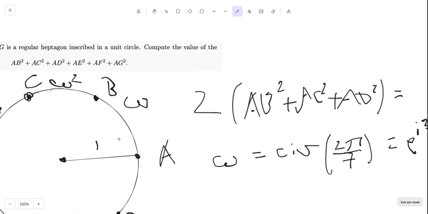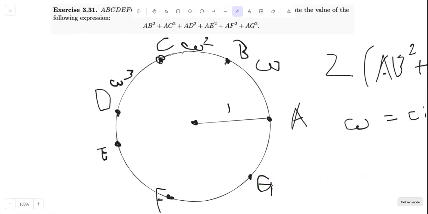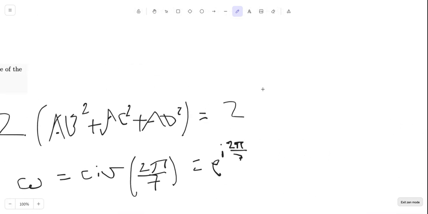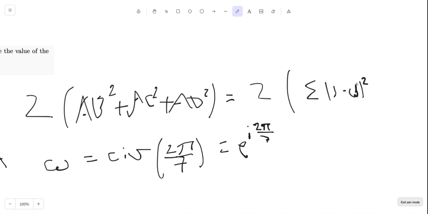So this really boils down to the fact that the distance squared is just the absolute value squared. The absolute value of 1 minus omega to the n, squared, where n equals 1 through 3.